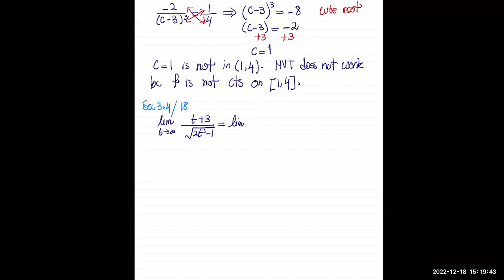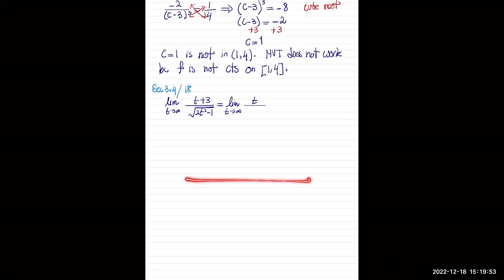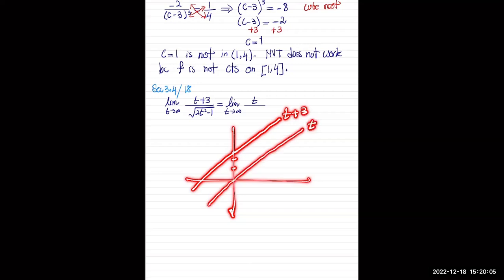So this is the same as the limit as t goes to infinity of, on the top, just t. If you think about it, we have two lines. t plus 3 is this line, and t is this line, the line going through the origin.